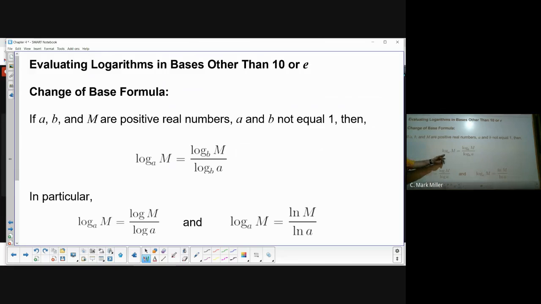Suppose I have log base b on my calculator, but I don't have log base a. If I want log base a of a number m, I take log base b of m and divide it by log base b of a.